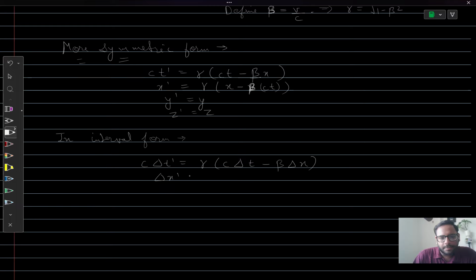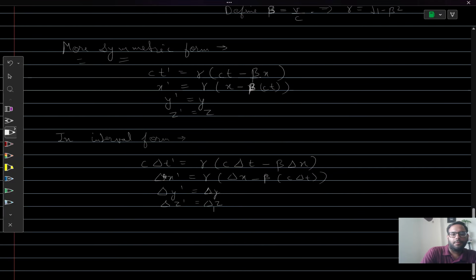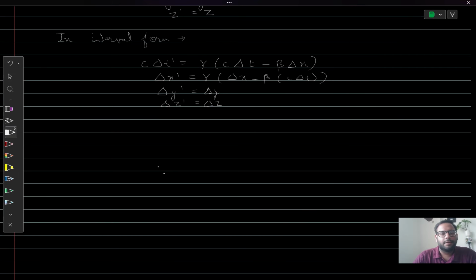Similarly, delta x prime is equal to gamma times delta x minus beta c delta t, and delta y prime is equal to delta y, delta z prime is equal to delta z. Now from this you can similarly derive the velocity addition rules.